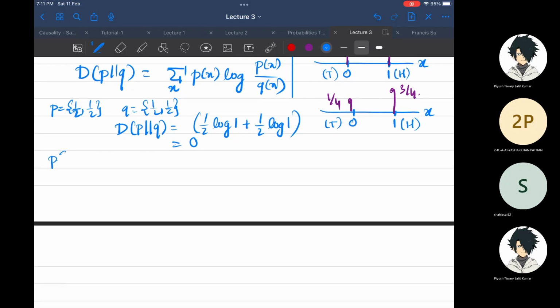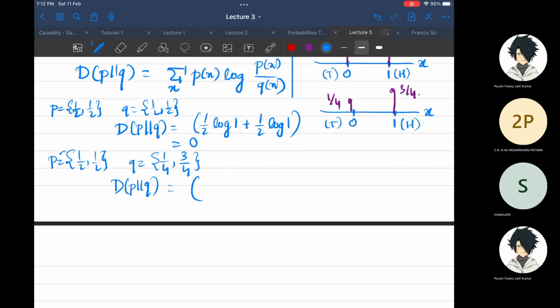Okay, so let us keep P fixed. It is half comma half, and Q is, let's say, 1 by 4. Okay, let me change Q itself. Let me take 1 by 4 and 3 by 4, something like this. Now what will this be?